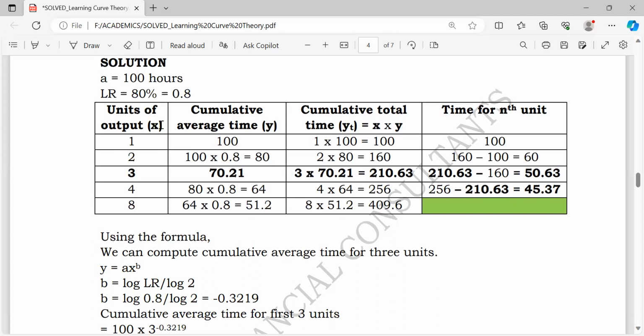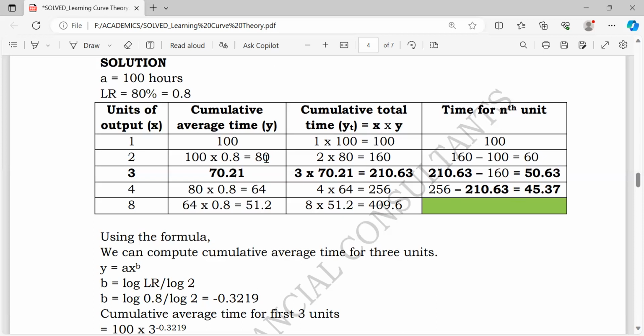When you produce 2 units, we only have 1 jump, because if 1 doubles, it gets to 2. So you just take 100, the previous one, and multiply by the learning rate, which is 0.8, and you have 80 here. So this should be the average of 2 units.